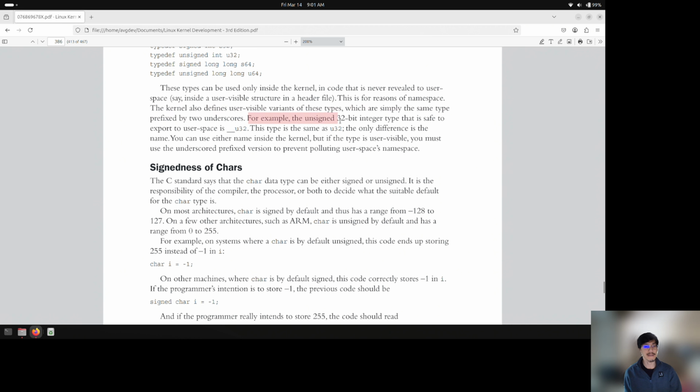For example, the unsigned 32-bit integer type that is safe to export to user space is __u32, or dunder u32. This type is the same as u32. The only difference is the name. You can use either name inside the kernel, but if the type is user visible, you must use the underscore-prefixed version to prevent polluting user space's namespace.